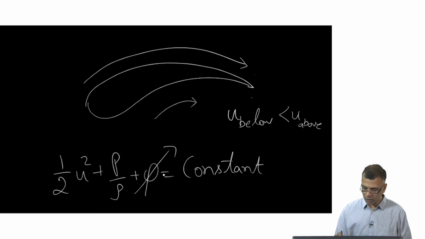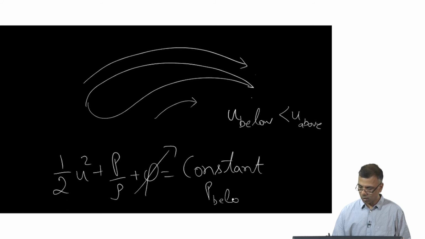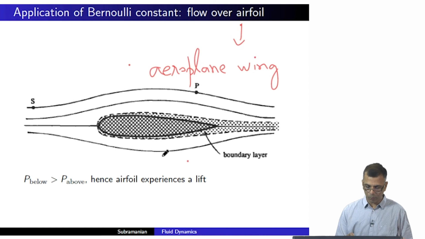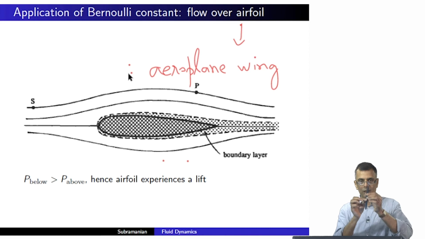And in order for this to be constant, because you're considering one streamline that's going around like this, therefore P below has to be greater than P above, right? And there you have it. Because P below is larger than P above, the airfoil experiences a lift.